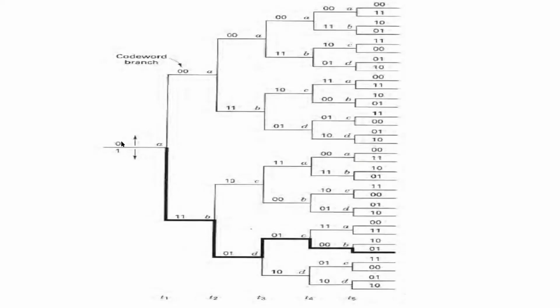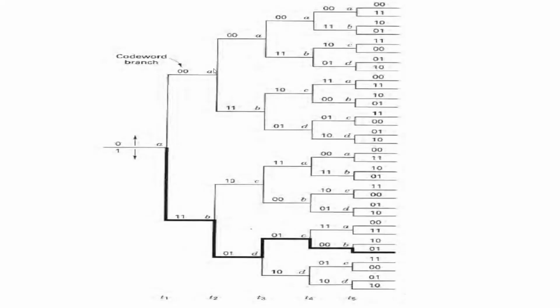When the input bit is 0, the state of the encoder remains A and the output will be 0, 0. Now the state of the encoder at time t1 is A and the output is 0, 0. Again, if 0 comes, what will be the next state? The next state will be A only. What is the output? 0, 0.